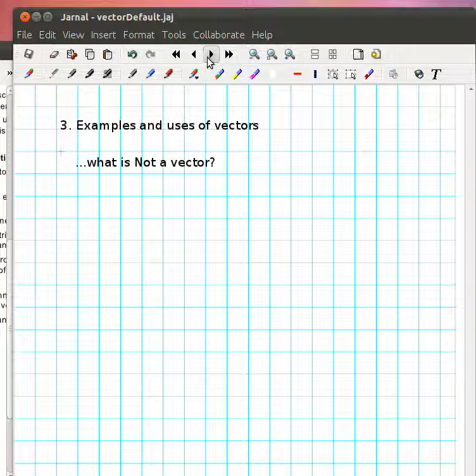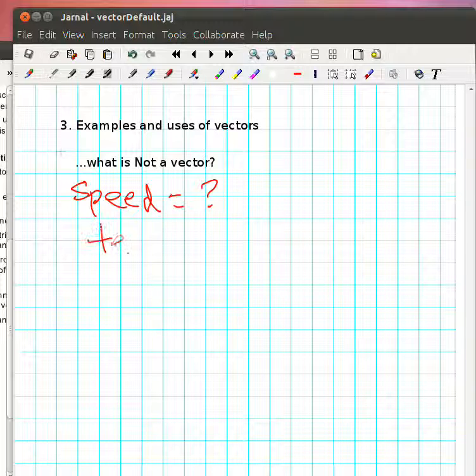And finally, let's see some examples of a vector. Like we said, forces were vectors. But what is not a vector? For example, is speed a vector? Or is temperature a vector?